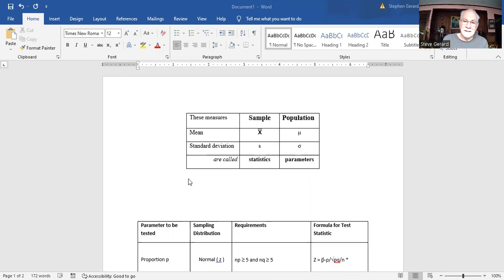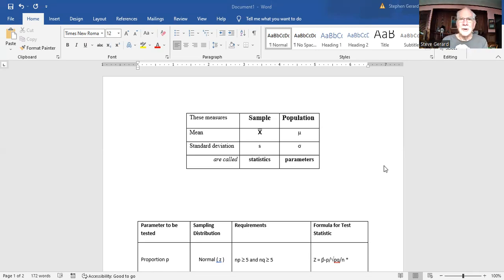X-bar is the symbol for a mean for a sample. S is typically the symbol used for standard deviation for a sample. But for a population, when you have all the possible cases of something, the symbol we use for a mean is mu, and the symbol we use for the standard deviation is sigma. These are called population parameters, where the same things for a sample are called sample statistics.